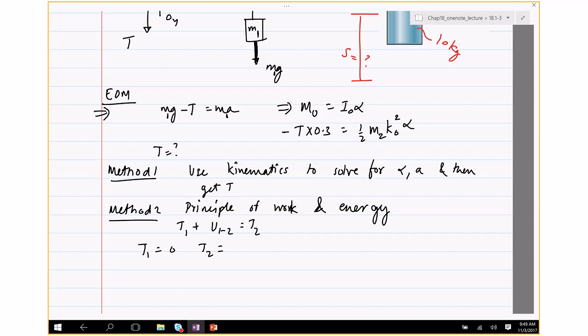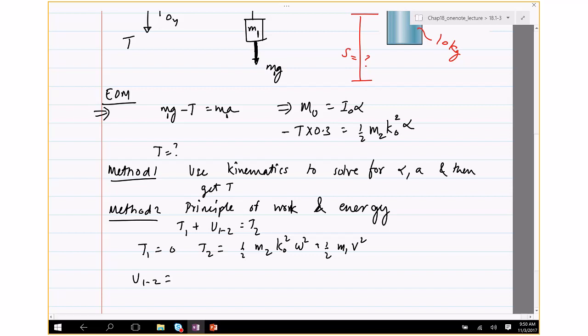So the energy is half I omega squared, which is half m2 k_O squared omega squared, plus half m1 v squared. The energy due to the spool is only rotational, so it's half I omega squared. The energy due to the particle is only translational, so that's half m v squared.